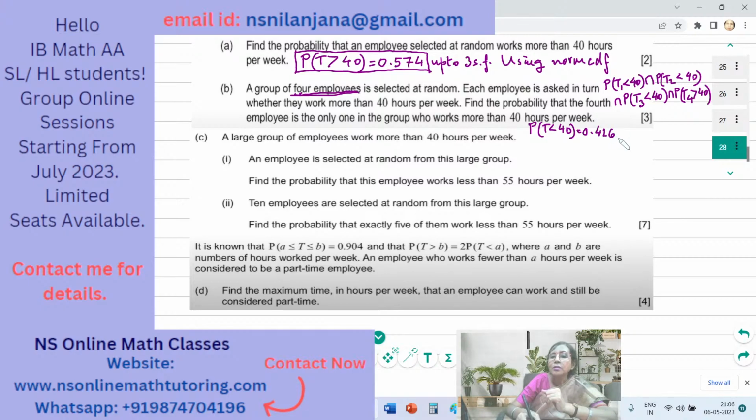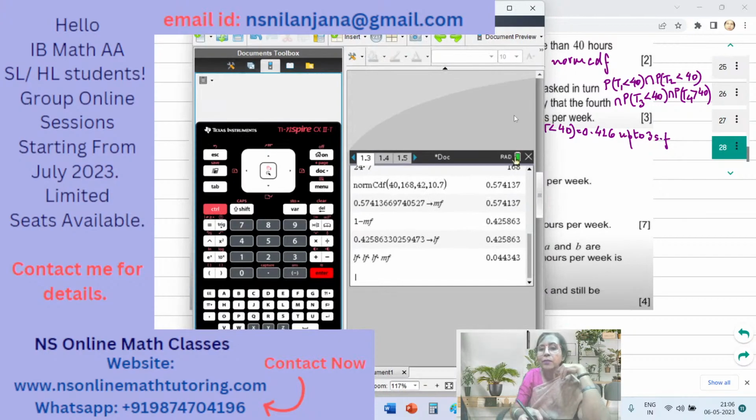And this is 1 minus P of T greater than 40, which is equal to P of T less than 40, 0.426 up to 3 significant figures.